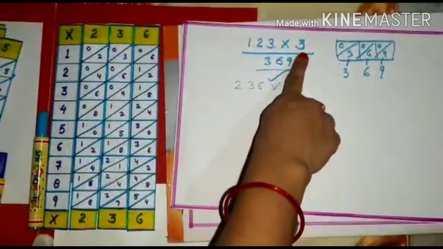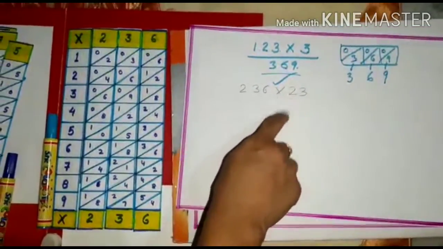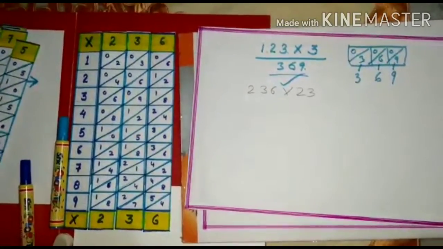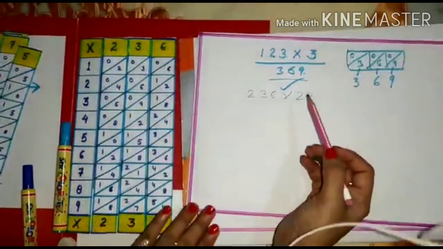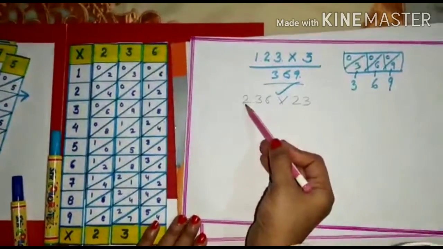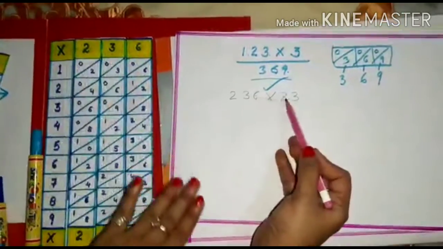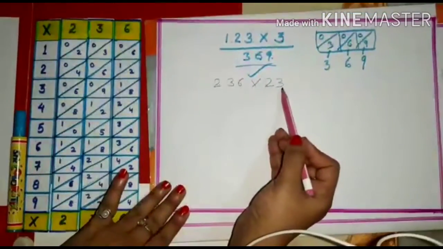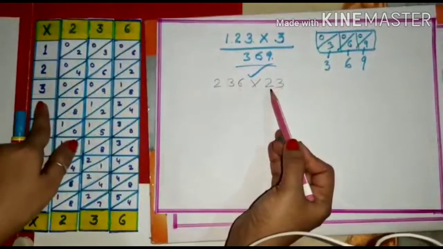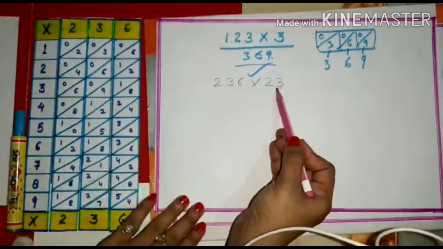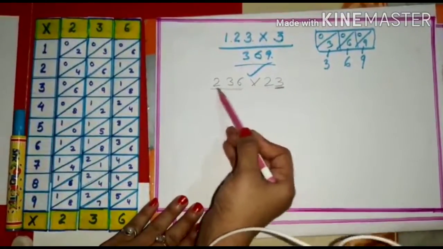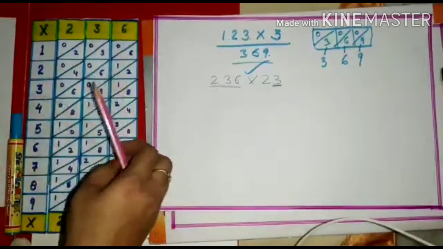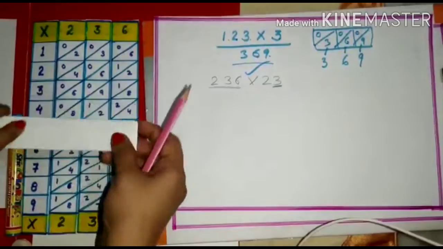See, by one digit we have already understood. Let's understand how to multiply by a 2-digit number. 236 by 3. So this is my column for this.